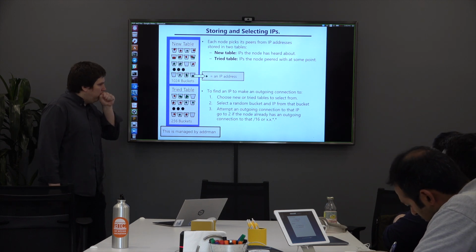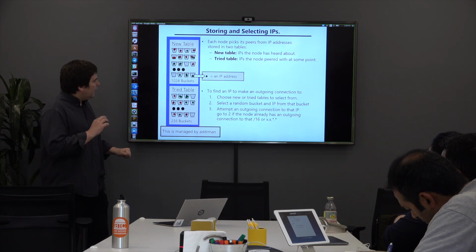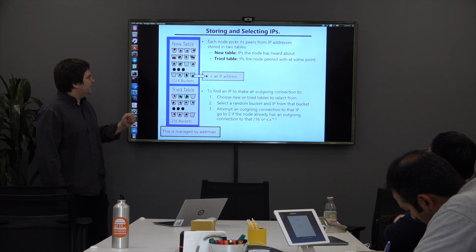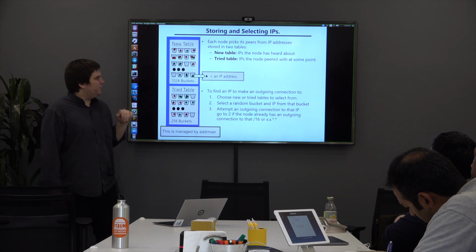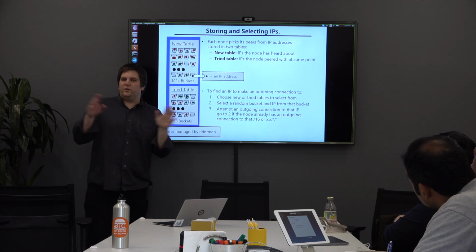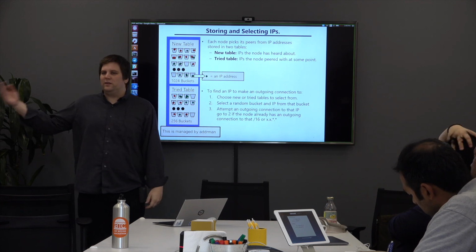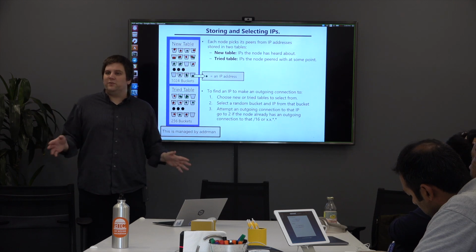The way in which Bitcoin's peer selection works is that it stores peers in a table called the new table and a table called the tried table. The new table is IPs that the node has heard about. Someone told it this IP is a Bitcoin node. It has no evidence for this view.